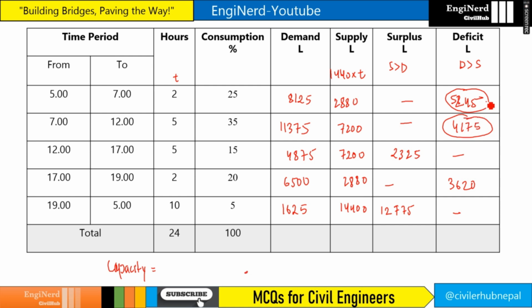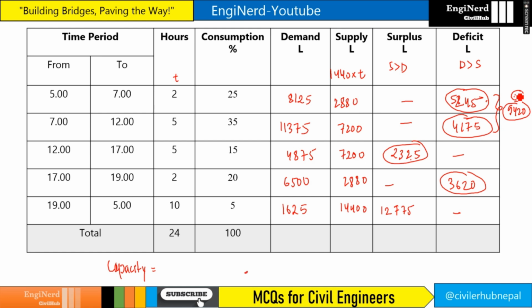But let's see, this is negative 2325, and this is positive 3620. Negative is less than positive, so if I take this and this, it will be greater than the sum of these two. So let's verify this. If I add 5245 plus 4175, it will be 9420. Now, is this the maximum deficit value?